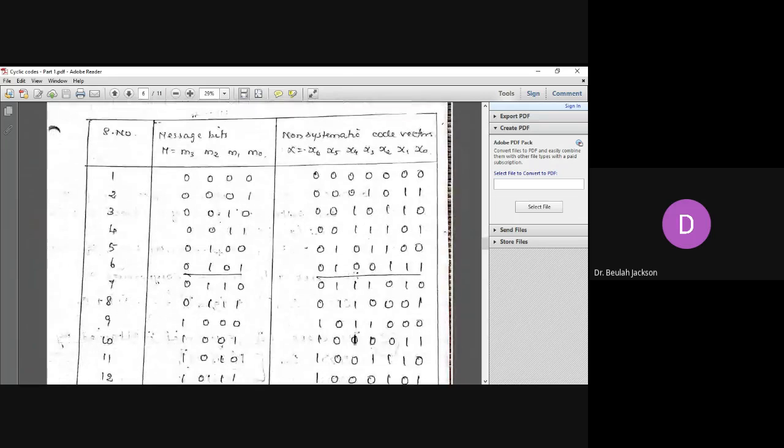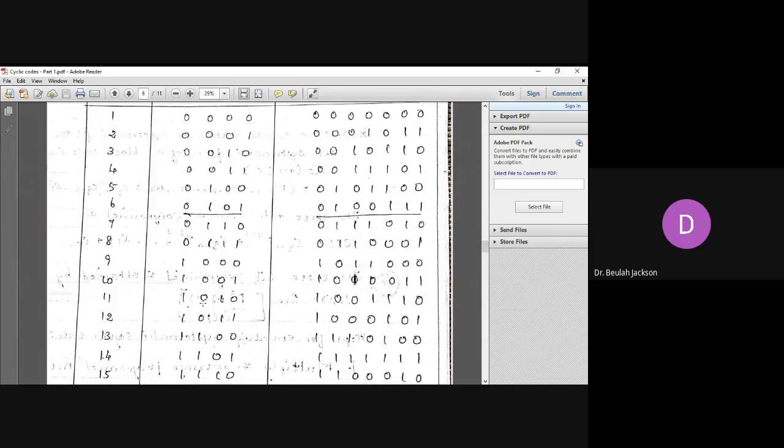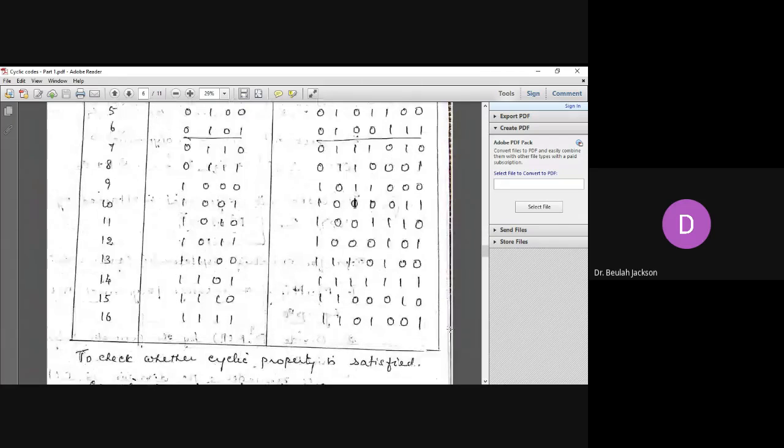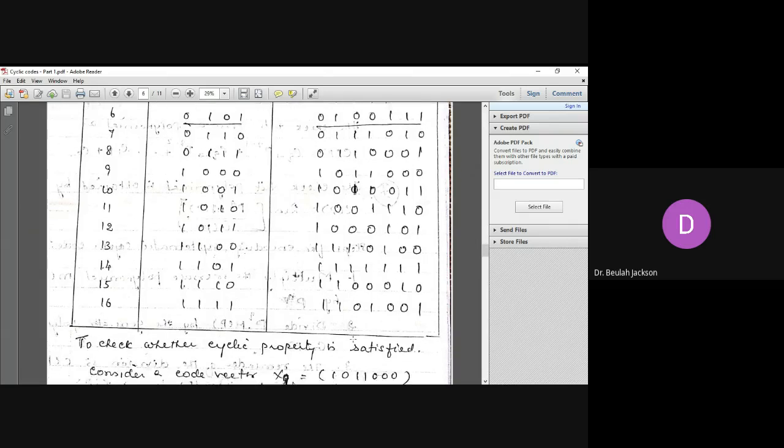So for all the 16 message combinations, we have found the code vectors. Here also we can see that in the last one, there is 1, 1, 1, 1, but instead of 1, 1, 1, the third bit is 0. So the message is altered. It is not in unaltered form.